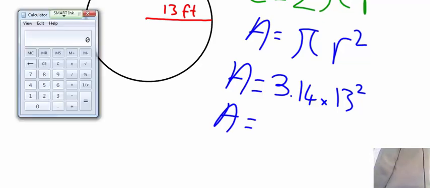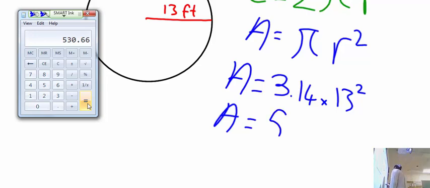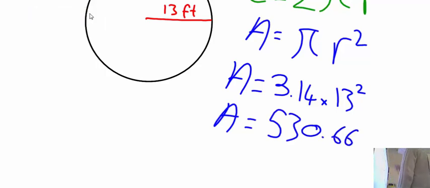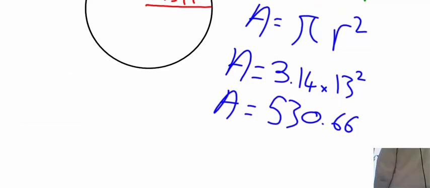I'm going to multiply 3.14 times 13 times 13. That will give me 530.66. I'm done. Let's move on.